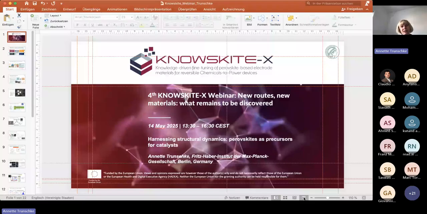This is a very elegant technique where you can synthesize nano-sized perovskites. You have a lot of parameters that you can vary, like the flow rate, the chemical composition of your metal salt precursors, additives, solvent, and by that you can vary the flame temperature. You feed the mixture into a flame and form your solid in a gas phase reaction.